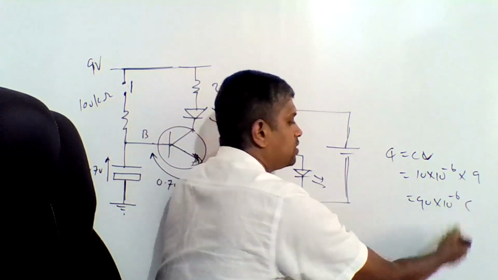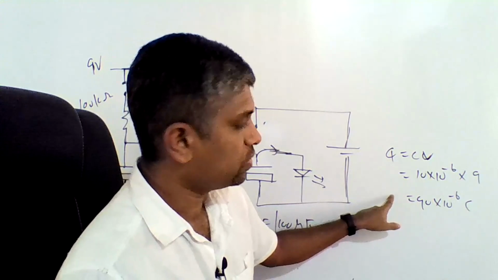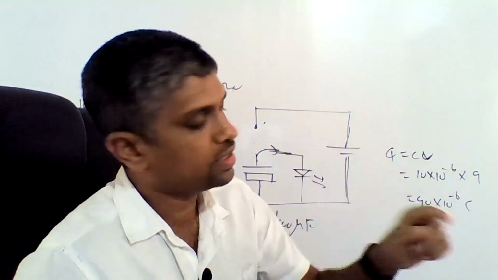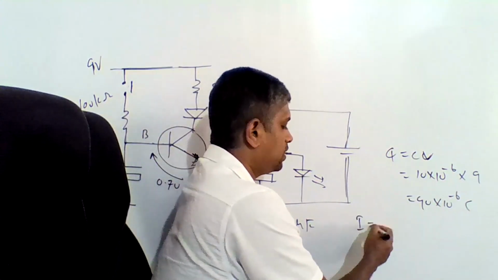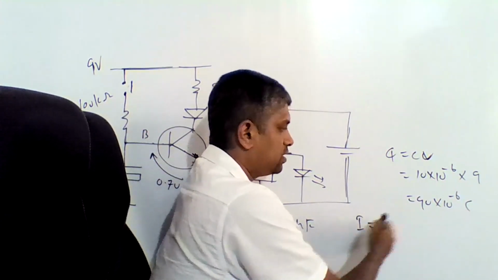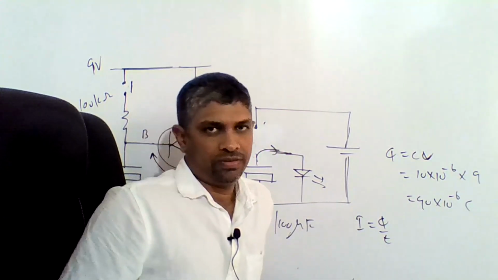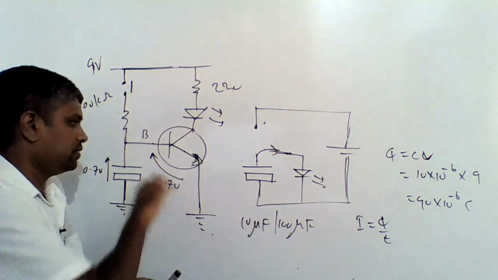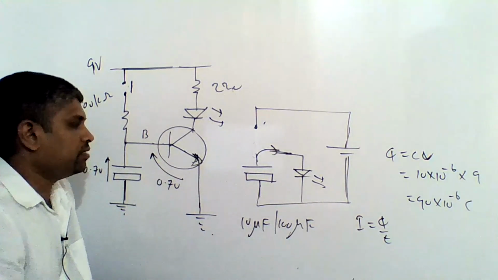If it is discharged within 1 second, the current I is equal to Q over T. Then current is very small, several microamperes, while an LED requires several milliamperes. So therefore, this switching circuit will work, right?